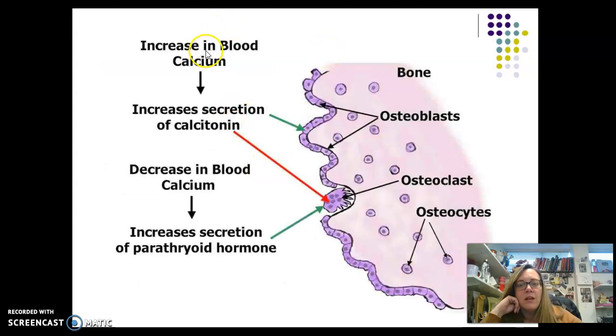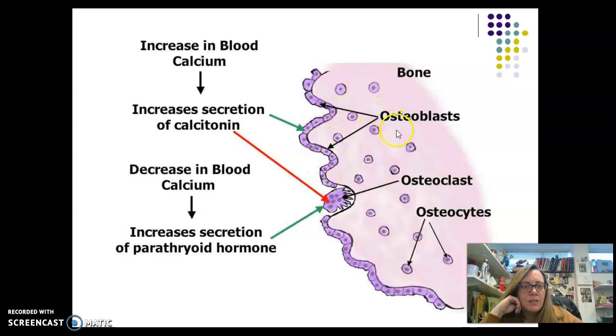So in this little slide, it's saying if you have an increase in blood calcium, so we have too much, it's going to cause calcitonin to be produced. Calcitonin will send a red light to the osteoclast and say, no, we're not breaking down bone right now, but it sends a green light to the osteoblasts, which are all of these cells lining the outside of the bone right here, to produce bone.